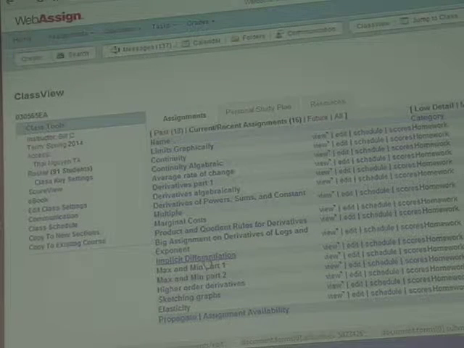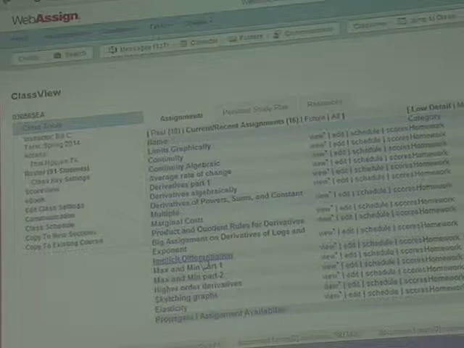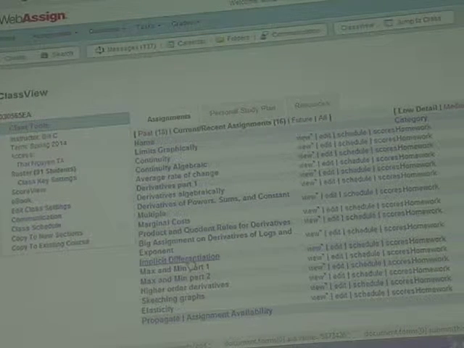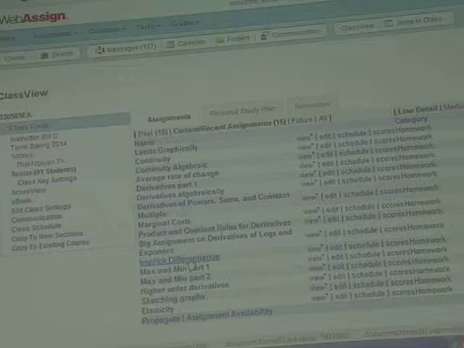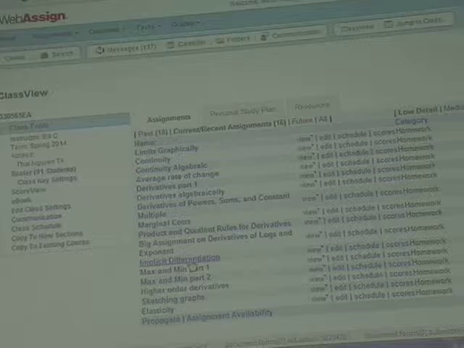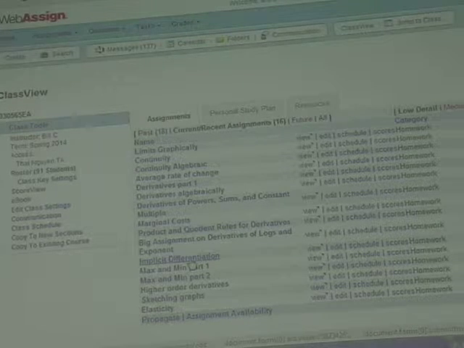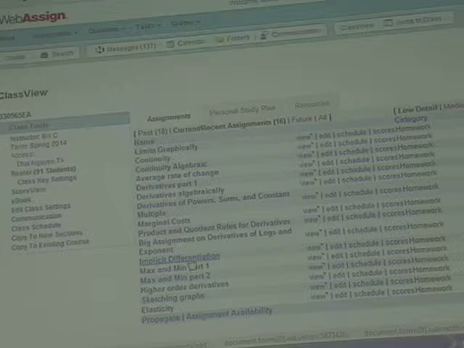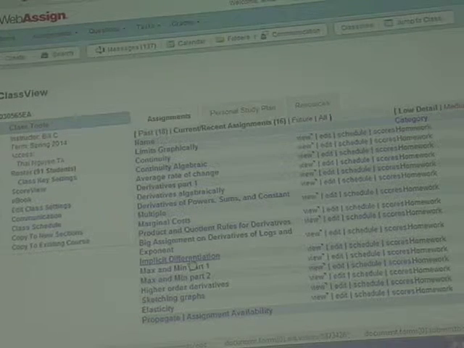Okay, so last time we talked about how to do the derivative for different operations. So we talked about this. And we talked about this.